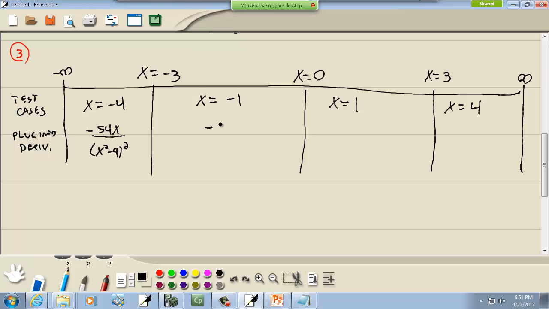So plug it into that, into all these. Negative 54x over x squared minus 9 squared, and negative 54x over x squared minus 9 squared.